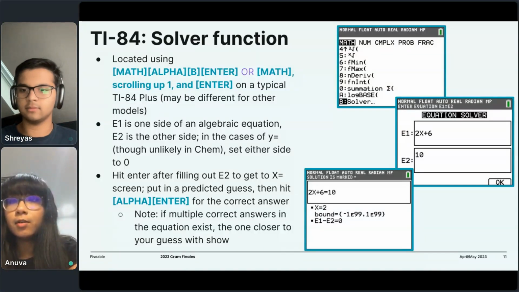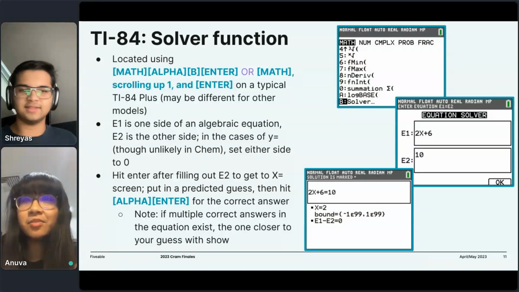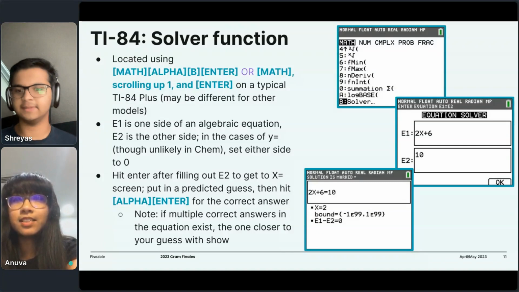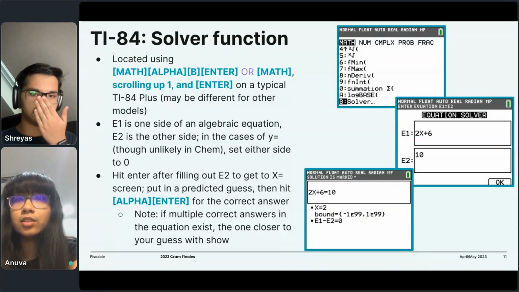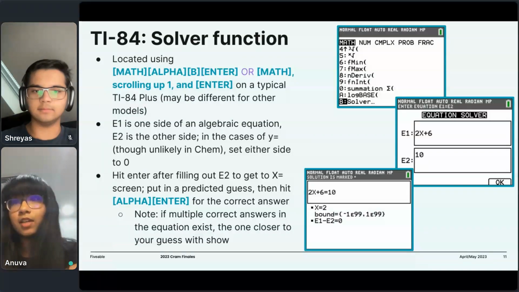For my TI 84 gang, you literally put it in just like how the diagram says. For the 2x plus 6, and then for the E2, you put 10. Pretend E1 is one side of the equation and E2 is the other side.